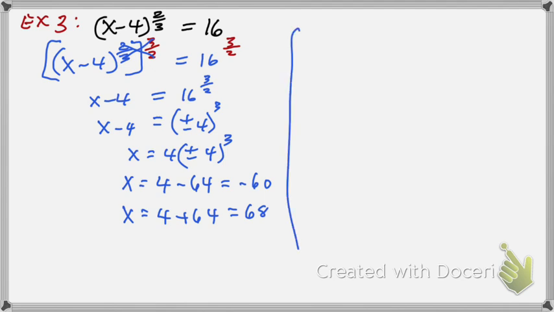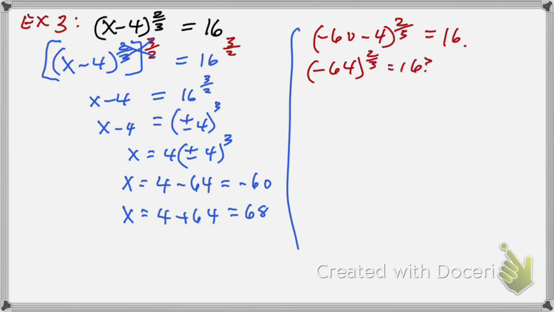Check the first one, negative 60. So I've got negative 60 minus 4 to the 2/3. Does that equal 16? So I'll take the cube root of negative 64, which is negative 4, thank you.